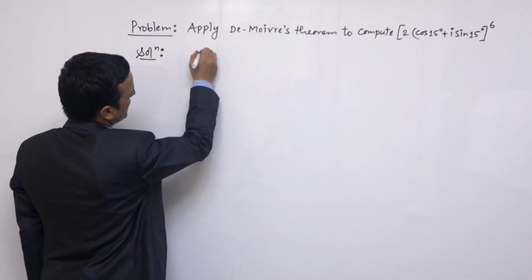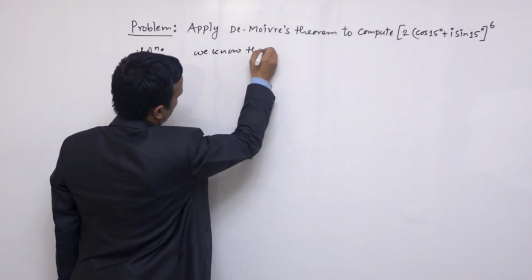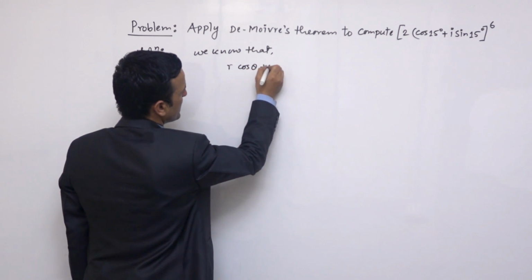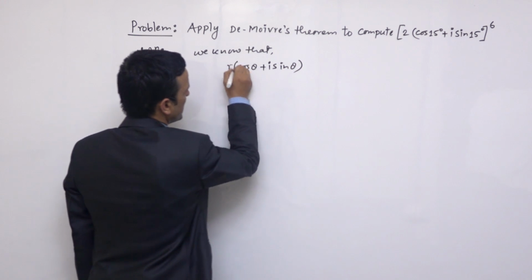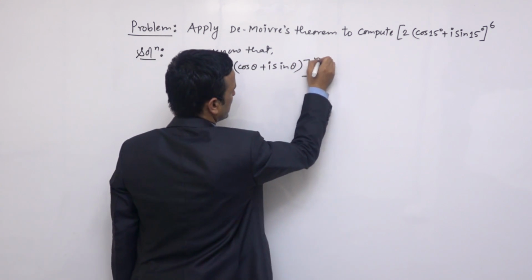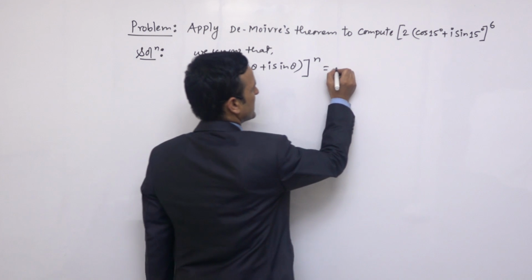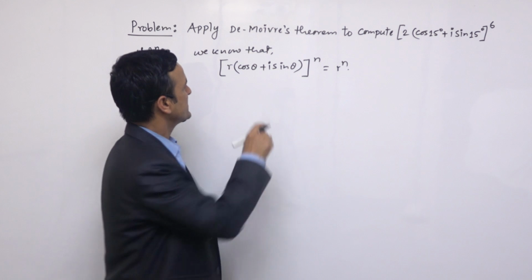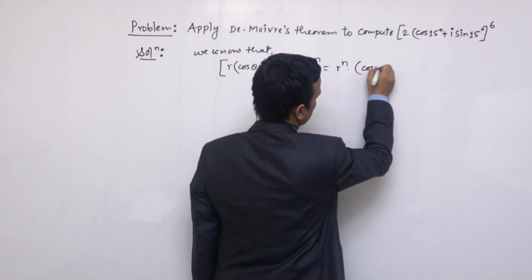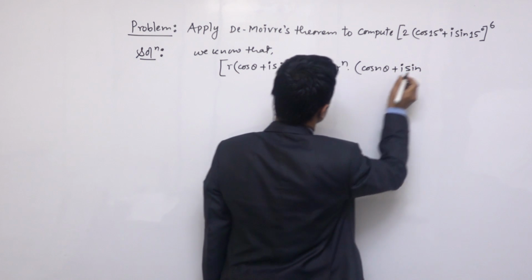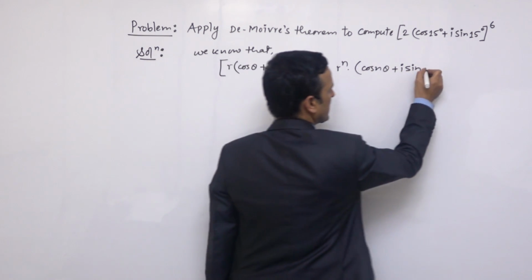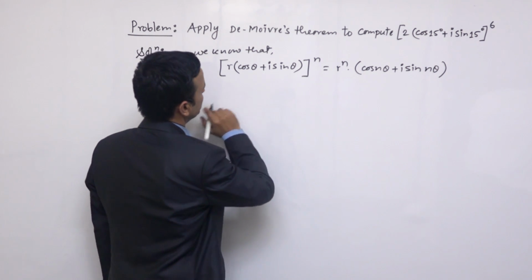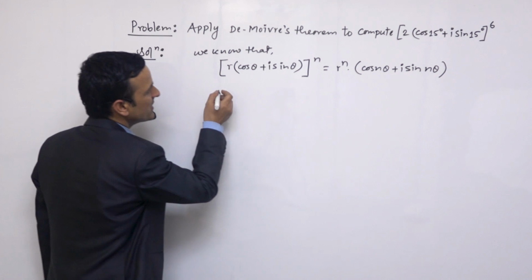As you know, de Moivre's statement is this one: r times cos theta plus i sin theta whole to the power n, means we can write it as r to the power n, cos n theta plus i sin n times this angle. So this is de Moivre's theorem.